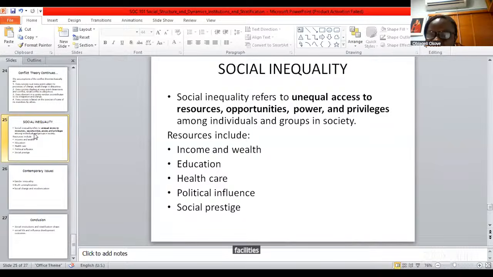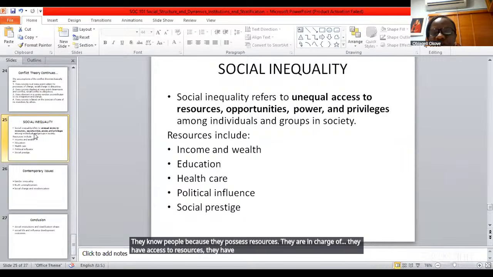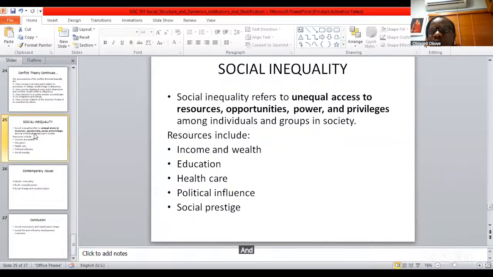If they cannot get it, for example, using Nigeria as an example, if they cannot access those health services in Nigeria, they have the resources to move outside the country to access it. Again, the upper class also have political influence. They know people because they possess resources. They have access to resources, political influence, and social prestige. So these are the resources that individuals have access to.